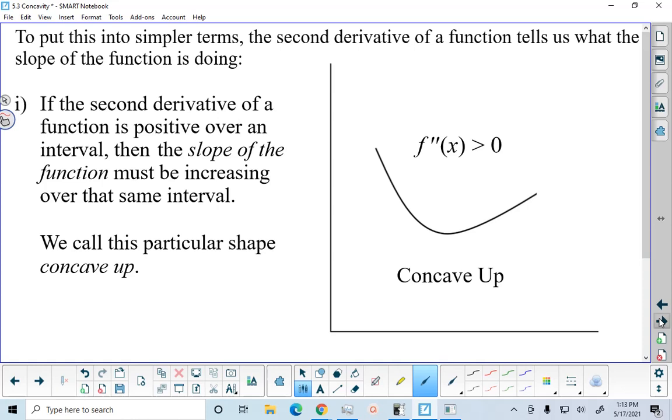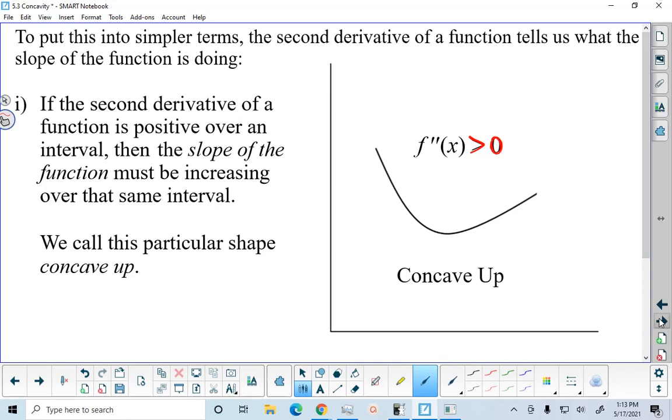Concave up can be recognized because if this were put out in the rain, it would fill up with water. The water wouldn't drain off of it, you would collect water. By the way, this greater than 0 means positive.